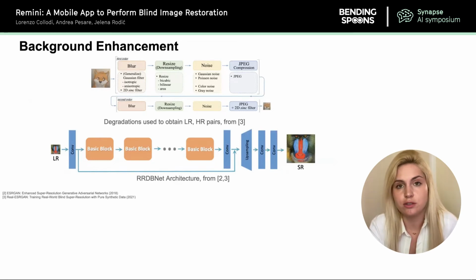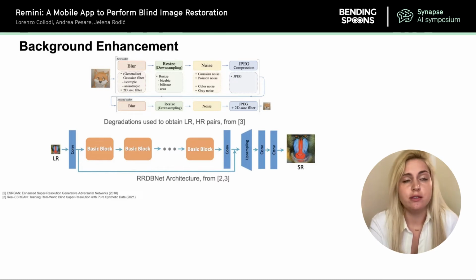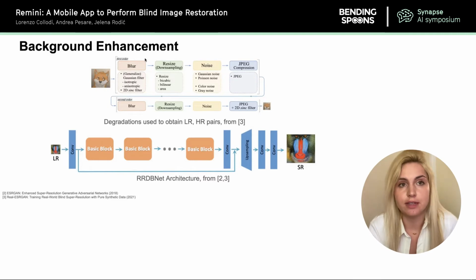To be able to train this network in a supervised approach, as I said, we need low resolution, high resolution pairs of images. And these pairs don't exist in real life, we don't have them, so we need to create them synthetically. We do this by modeling the real world degradations that happen when people take images. To obtain this realistic degradation, we have several steps.